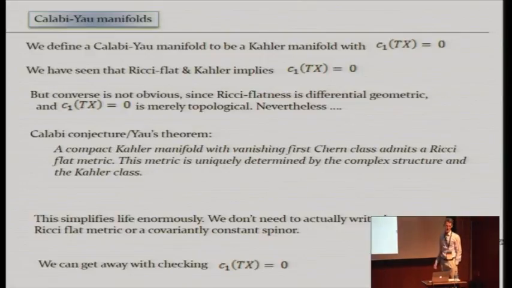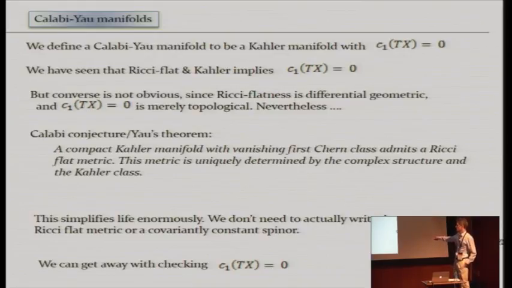Finding an explicit metric and showing that it's Ricci-flat is an impossible task. But we don't need to. You merely need to check that the manifold is Kähler and that we have this topological condition, that the first Chern class vanishes. And then Yau's theorem would tell you that for any complex structure and Kähler class, there exists a unique Ricci-flat metric with that Kähler class and that complex structure.